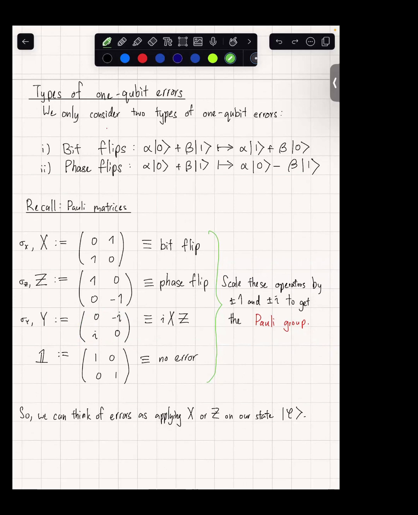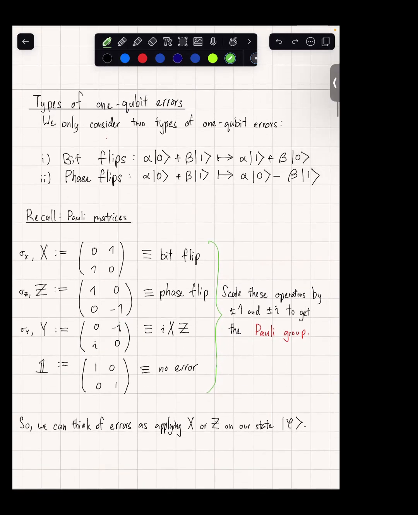Lastly, these three matrices coupled together with the identity matrix form the Pauli group, as long as we scale these operators by plus minus 1 and plus minus i. This Pauli group will be very fundamental to our understanding of stabilizer formalism later on. So crucially, we can think of errors as applying either Pauli X or Pauli Z to our state phi.